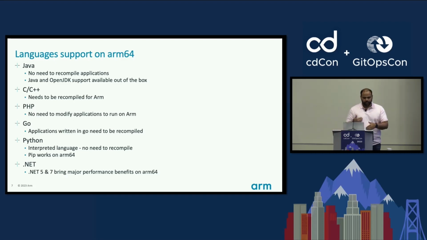I haven't included all those links, but if you just Google .NET 5 and ARM64, the first blog that pops up, let's say from Azure or from AWS, you can actually go ahead and look at what kind of performance enhancements they made in .NET 5, .NET 7, etc. And there are other languages which I haven't listed, but there is a really cool guide, and I think I have it in one of the slides. It's on AWS Getting Started.